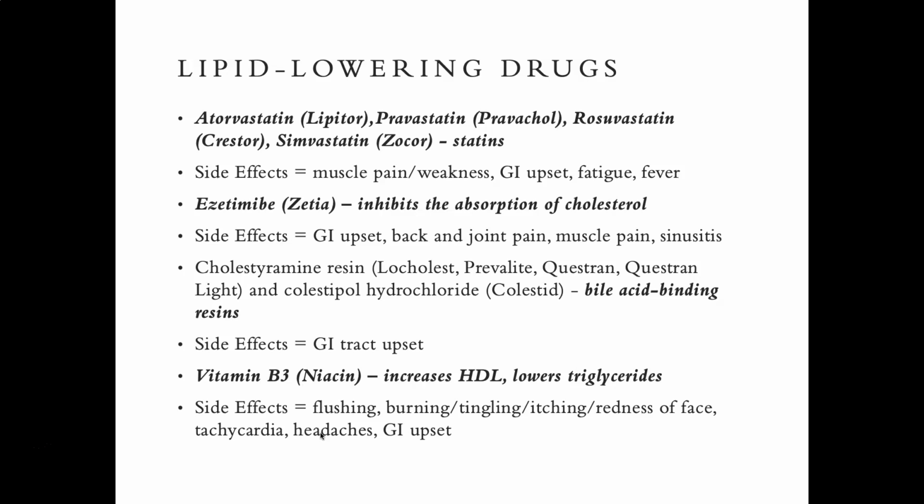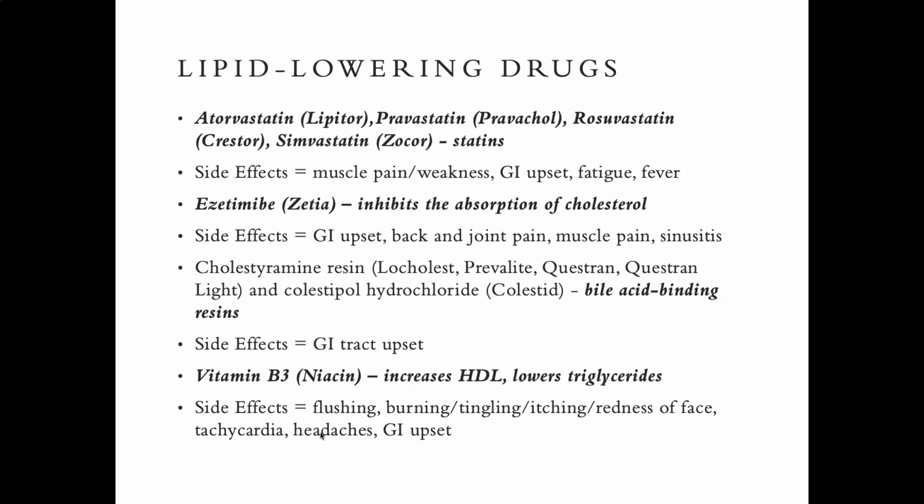Another type of lipid-lowering drug is bile acid binding resins. And I'm not going to make you know any of those, but please know these lipid-lowering drugs are statins. They inhibit the absorption of cholesterol. They're bile acid binding resins, or they're niacin, vitamin B3. And that increases HDL, lowers triglycerides.